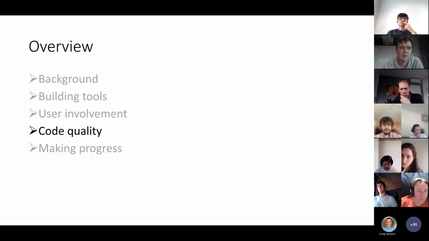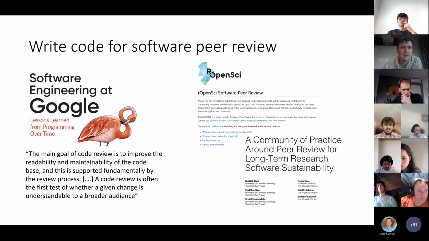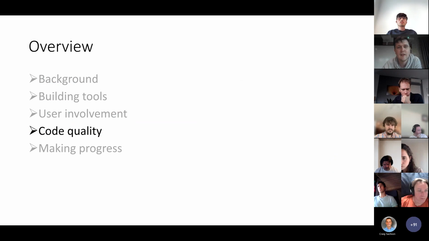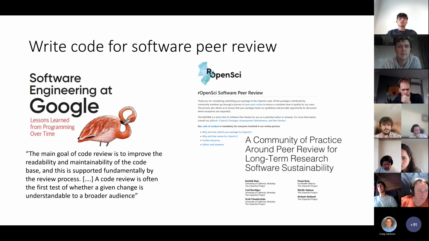So all of the project is also underlined by a need for code quality. One way we can think about how to make the software maintainable in the long term is writing it for software peer review.